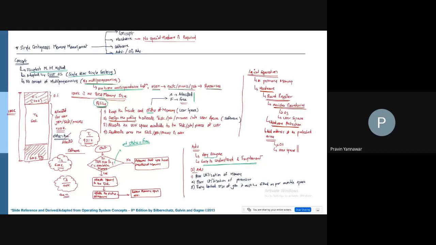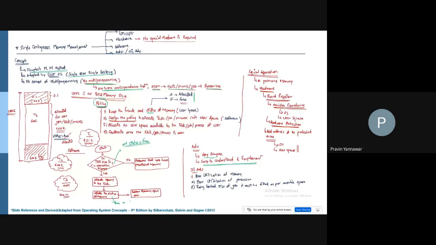If the task size is less than the available memory and the status is free, then allocate the task and update the status of memory, changing it from free to allocated.